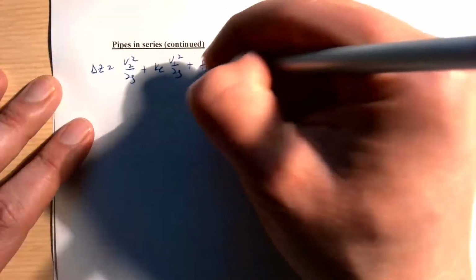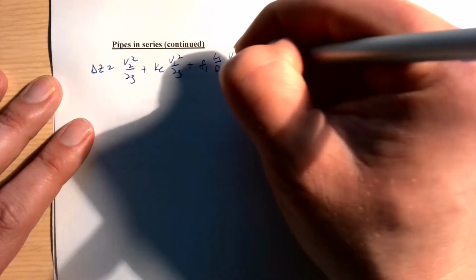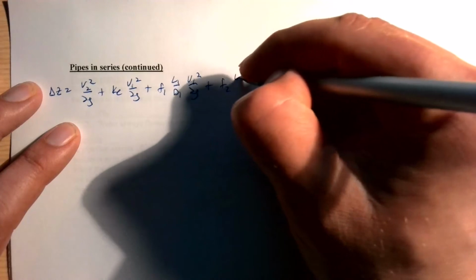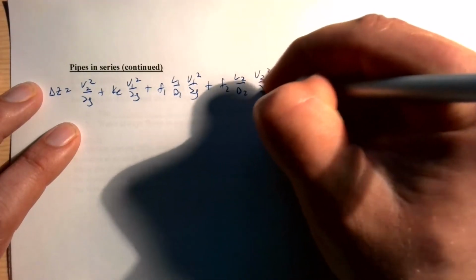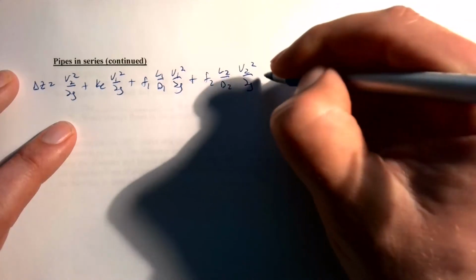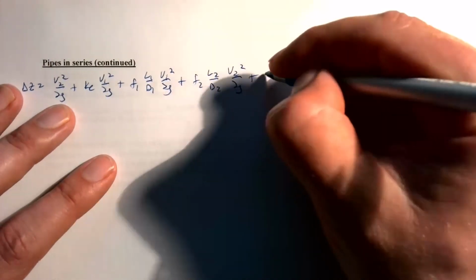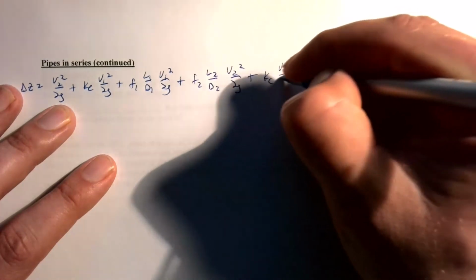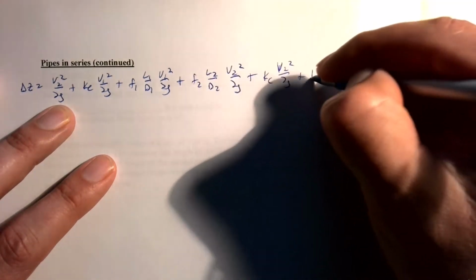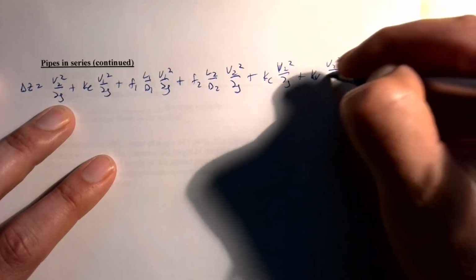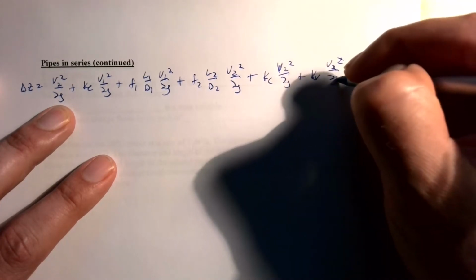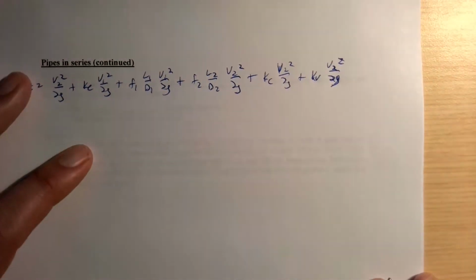So we've got V2 squared over 2G plus K entrance times V1 squared over 2G plus F1 L1 over D1 V1 squared over 2G plus F2 L2 over D2 V2 squared over 2G plus K for the confuser times V2 squared over 2G plus K for the valve times V2 squared over 2G. And I believe that is everything.